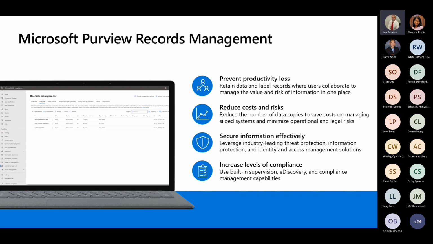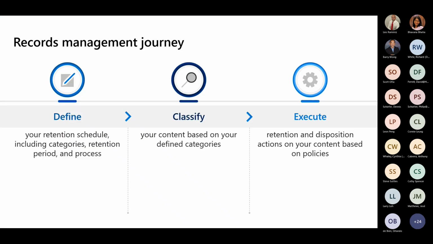Lastly, in the demo, you're also going to see that we provide a multi-stage workflow when it comes to disposing of records once they've reached their end of retention period, or where they're no longer high value content. There are essentially three key steps on your records management journey.